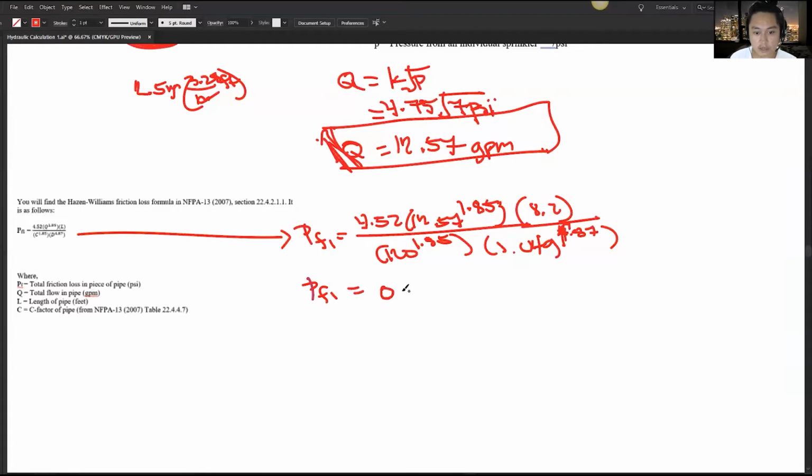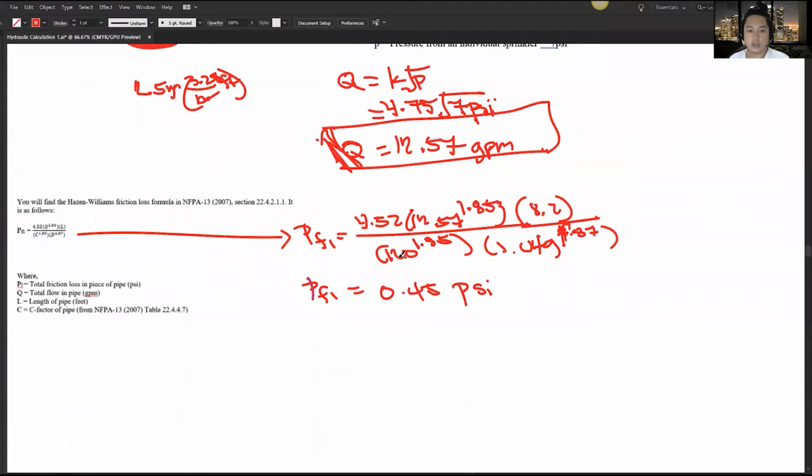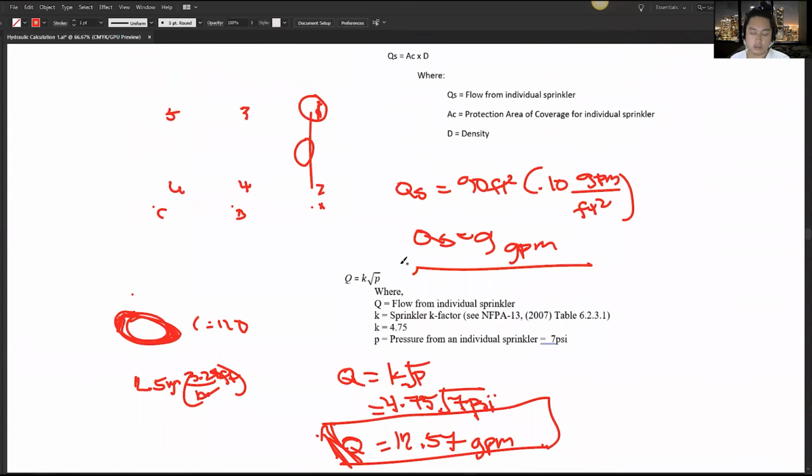So our pressure loss here, PF1, is equal to 0.45 psi. Now we can put that in our table. That's our PF, 0.45, in psi. Now we also have to assume in our problem that our sprinklers do not have any elevation in the cross main.